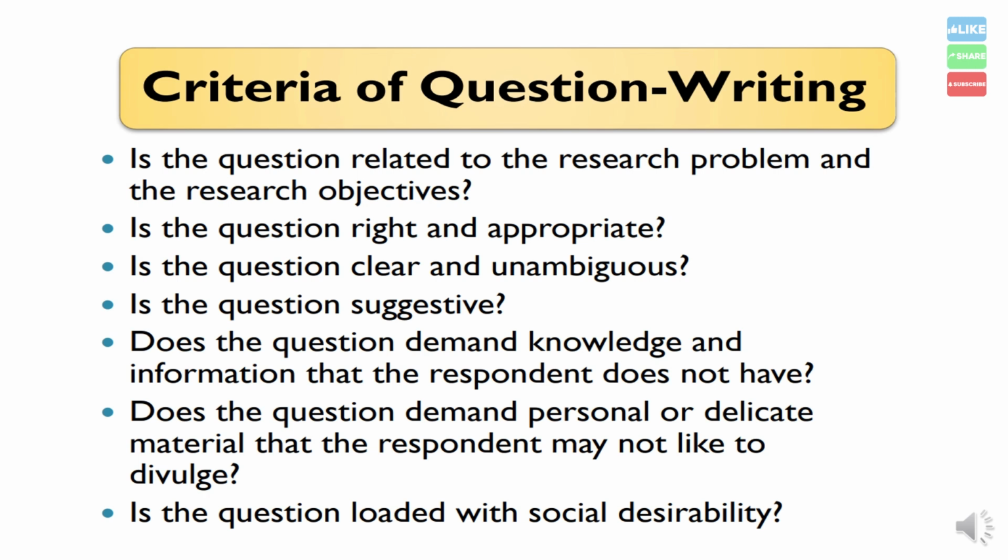Or you can ask, does the question demand personal or delicate material that the respondent may not like to divulge? And the next is, is the question loaded with social desirability or not?